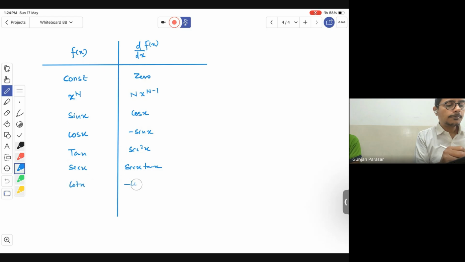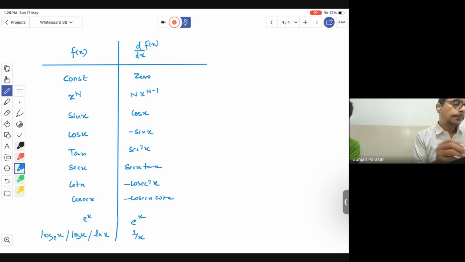Cot x gives minus cosecant square x. Cosecant x gives minus cosecant x into cot x. e power x, nice guy, its differentiation is e power x. Log with base e, these are the ways to write it down, its differentiation is 1 by x.